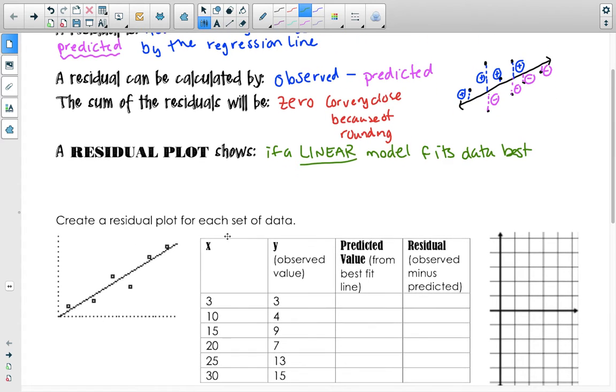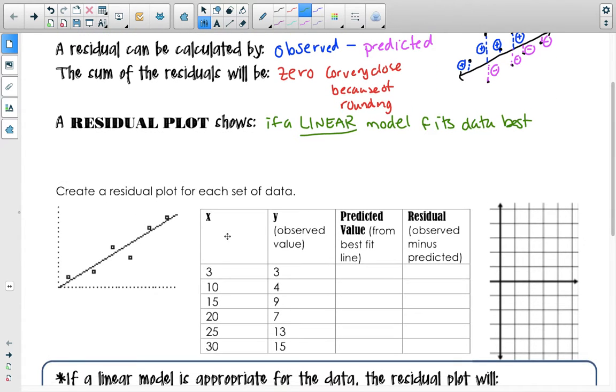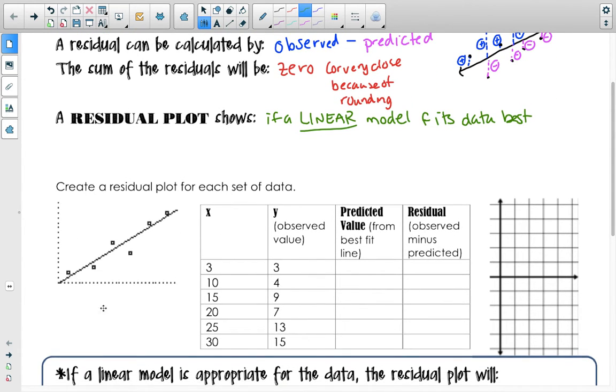In order to create a residual plot, you would need to have the data put into either a calculator, a Desmos, some type of technology, so that you can create the equation of best fit. So to create a residual plot, we would have plugged these values in to Desmos or into our calculator and actually did the regression formula.